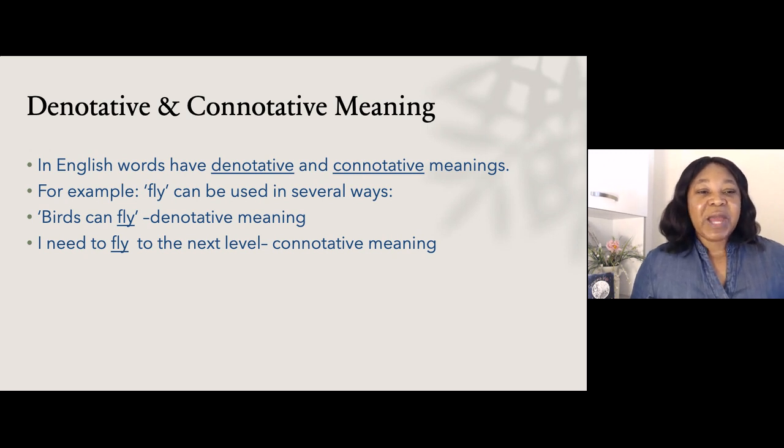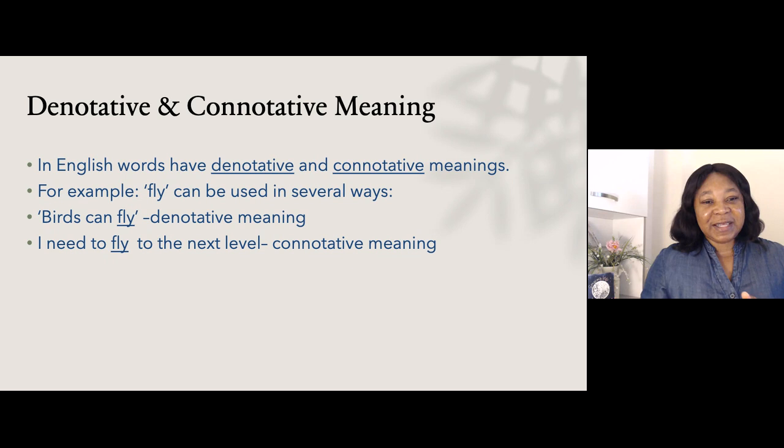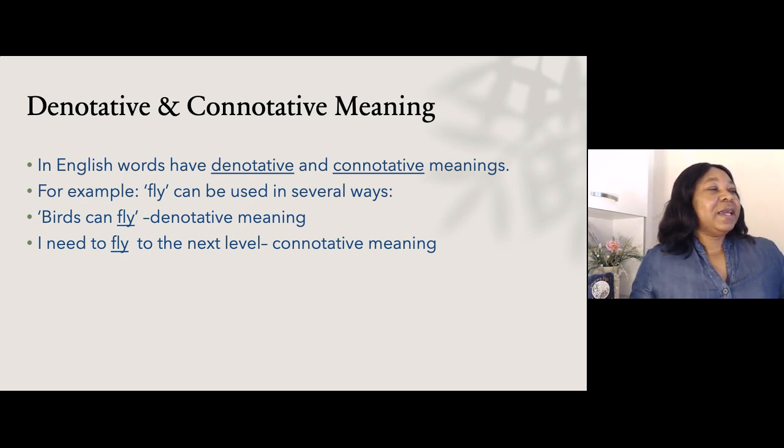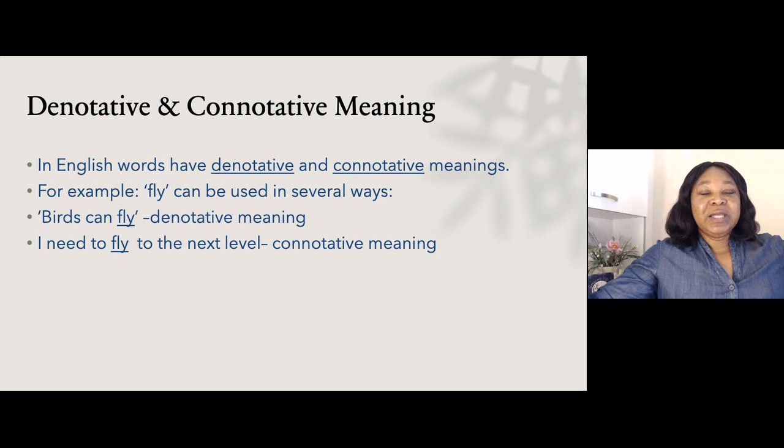Now, in language, we have denotative and connotative meanings. Not every meaning is direct. Some meanings are indirect, and I've given you examples. Birds can fly, so to fly, define fly. Somebody would say fly is to soar in the wind or above the sky or above the earth, to use your wings and fly.